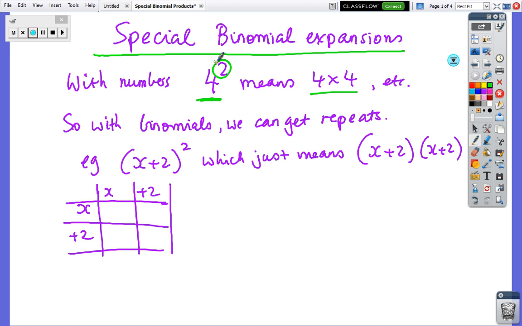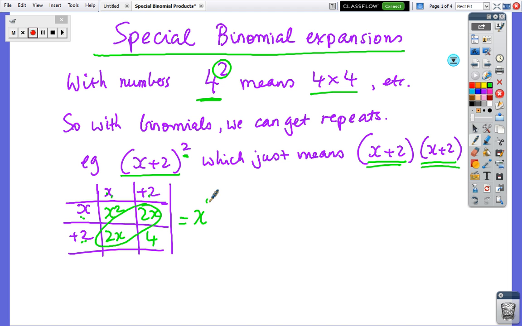So for instance, (x + 2) squared just means x plus 2 and then exactly the same bracket. If you were going to do it like you previously did, I'll just use method 2. Some of you are going to use method 1, but that's okay. So x times x is x squared, x times 2 is 2x, 2 times x is 2x, 2 times 2 is 4, and again you've got the diagonal to look at.